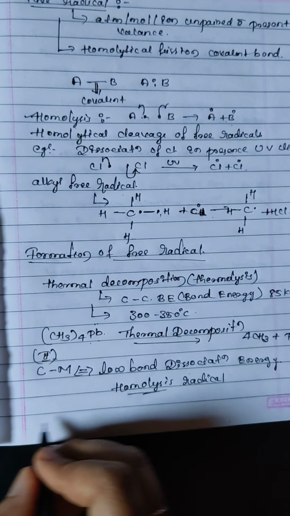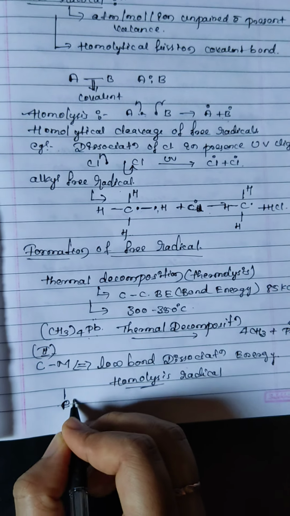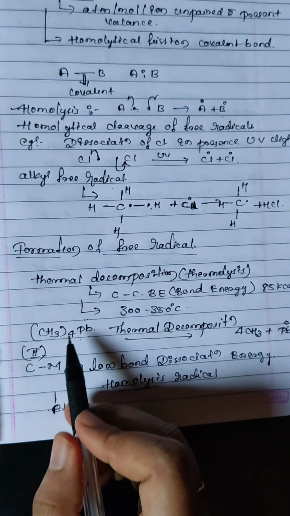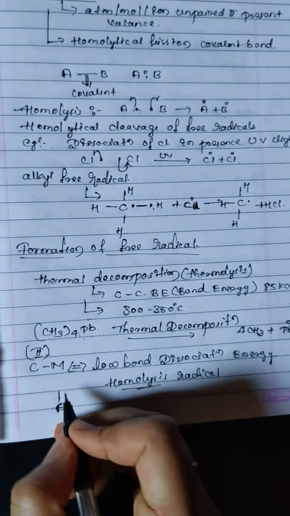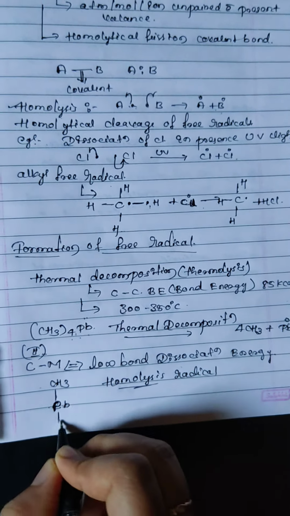What is an example? Look at lead tetramethyl, Pb(CH3)4. This is lead with 4 CH3, a simplified lead 4 CH3 molecule.